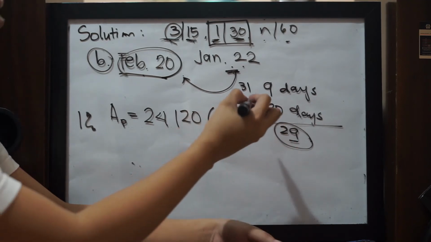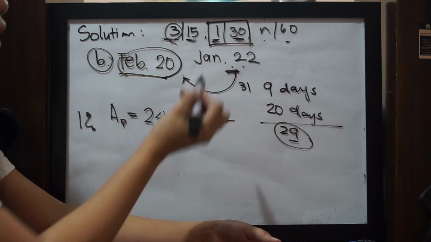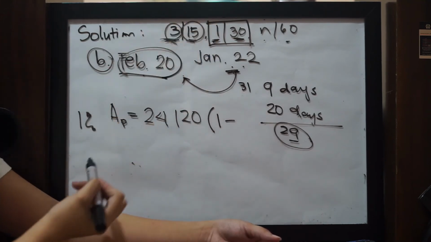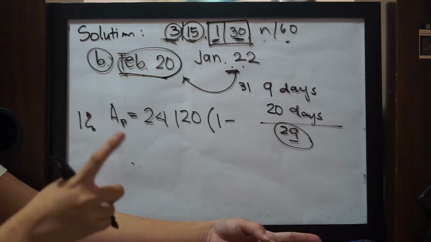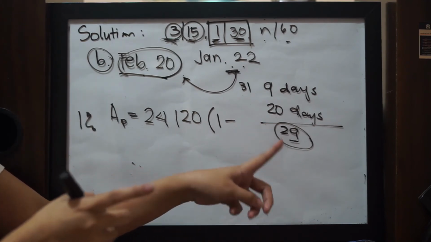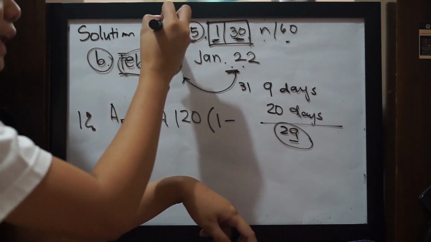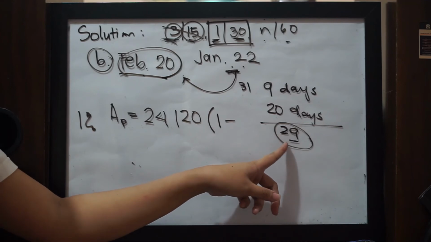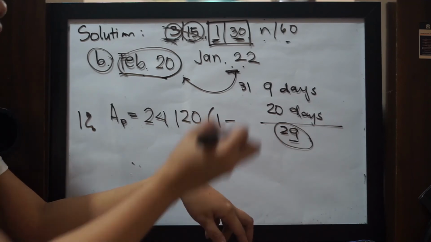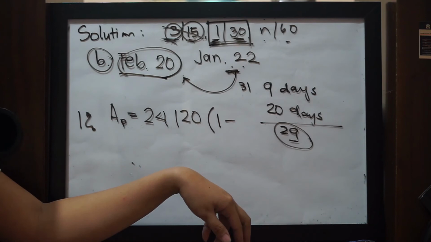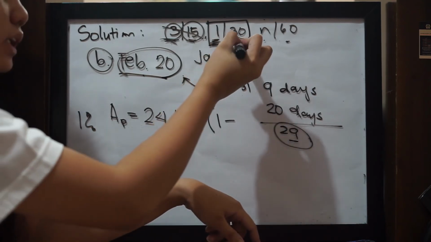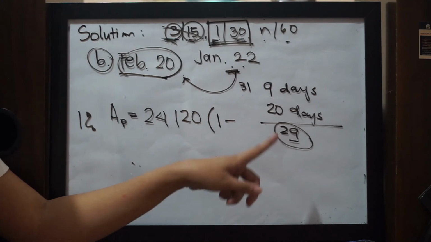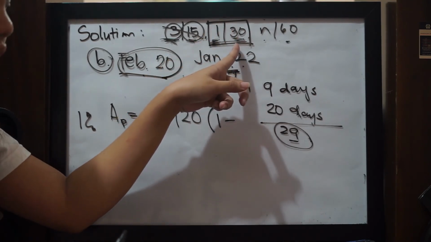Now, going back to our terms, the 3% discount is no longer applicable because it is given only if you are within the 15-day range from the invoice date. So, we can no longer use 3/15. Where will the 29 days fall now? In the second term given, 1/30. Within 30 days, they will give you a 1% discount. So, our 29 falls within the 30-day period.